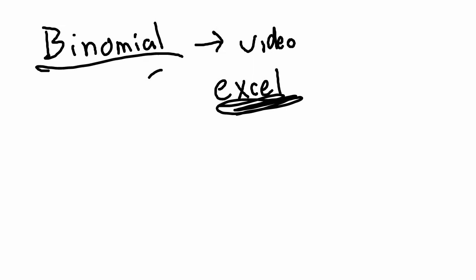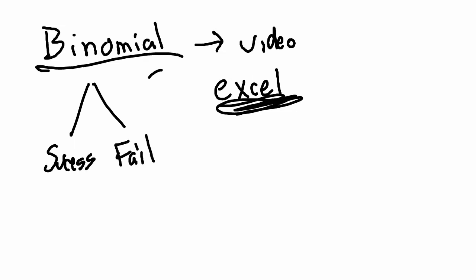A binomial experiment has a success or a failure: good, bad, success, fail, yes, no. There are always two outcomes. You can work it longhand, and in the video I showed how to do it longhand, but it's much easier to do in Excel. The video is real short, and it shows you how to do the problems.